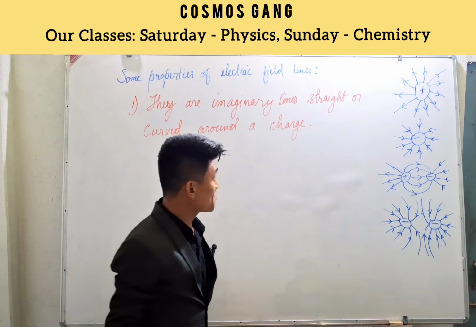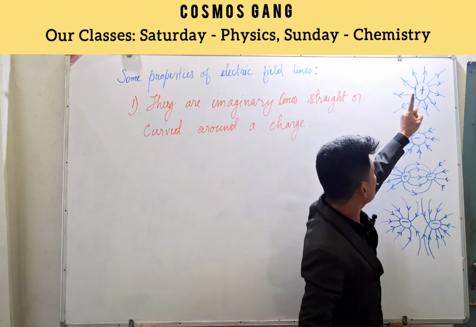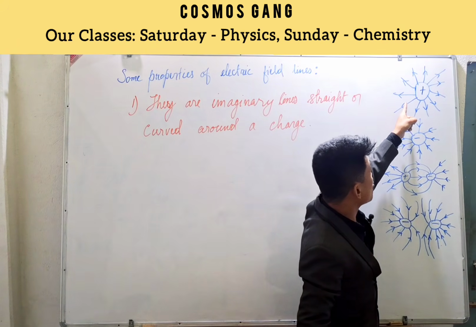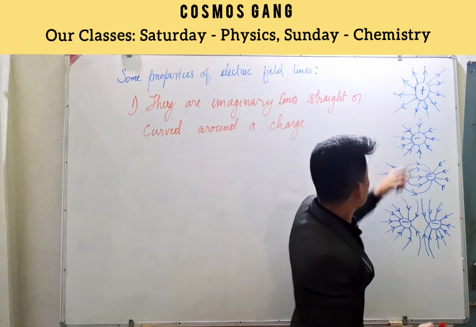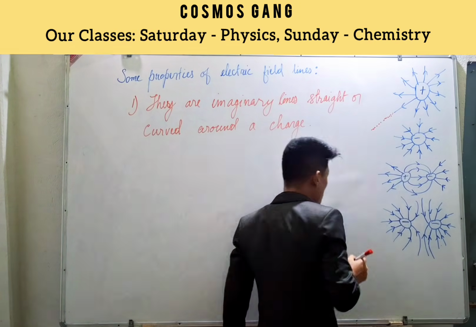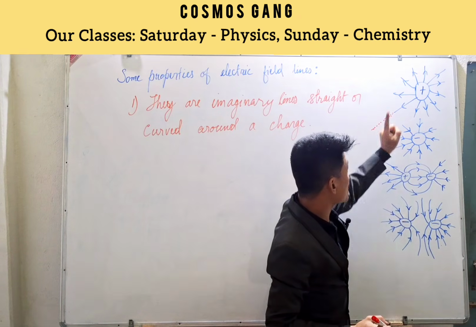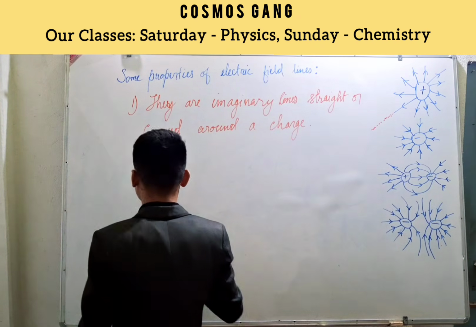Point number two, the field lines for a positive charge are going to be straight, and we can draw them infinitely, so they are always infinite and are always directed outward.